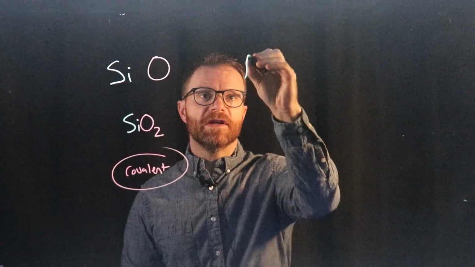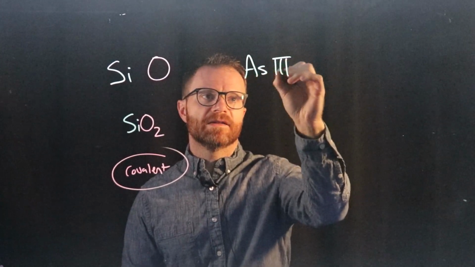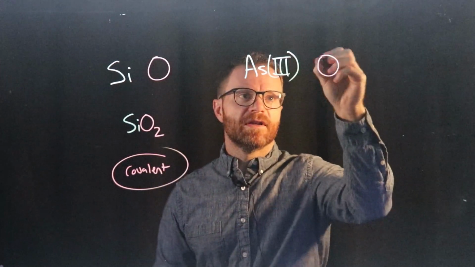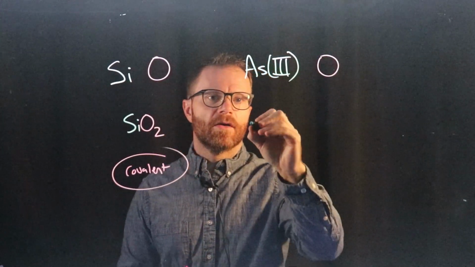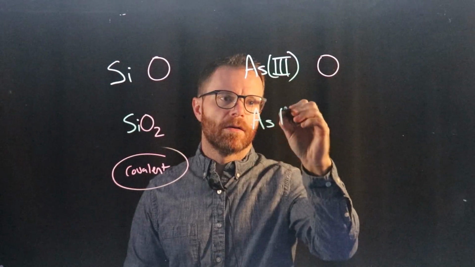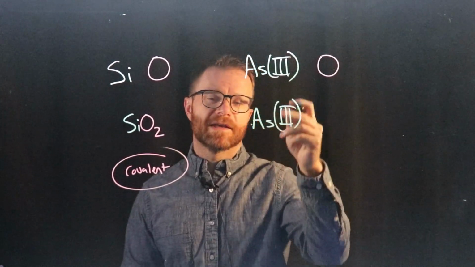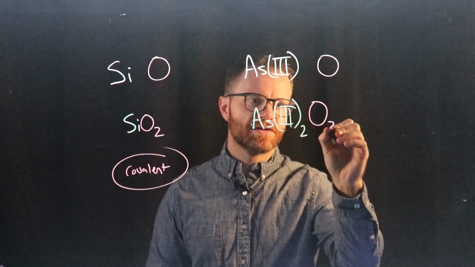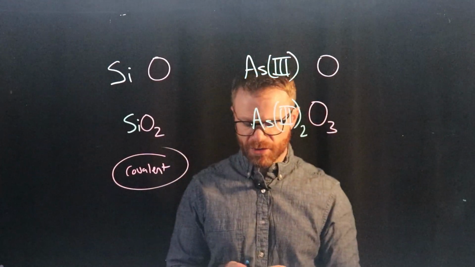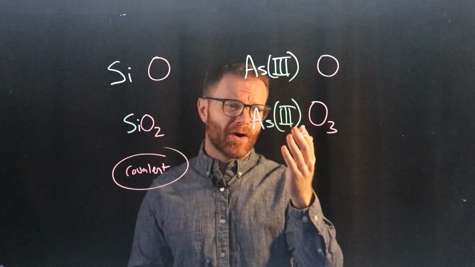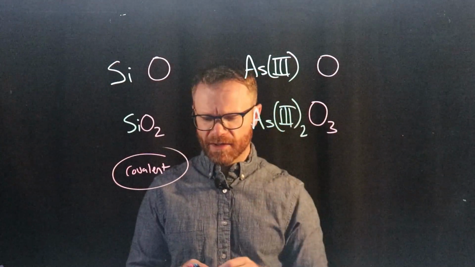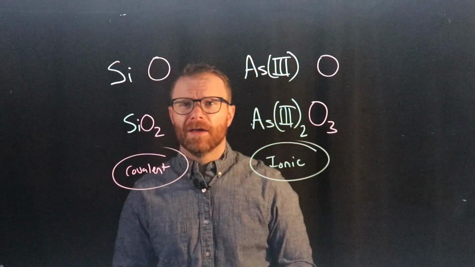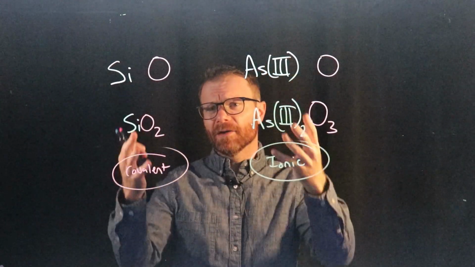But if we have arsenic, and let's say that's arsenic with an oxidation number of 3, and oxygen, and they come together, this has a +3 charge, so it's going to take 2 of them to every 3 oxygens, which have a -2 charge. And we're going to get the compound arsenic oxide, or arsenic(III) oxide, I guess, which is an ionic compound. So it really just depends on the metalloid in question.